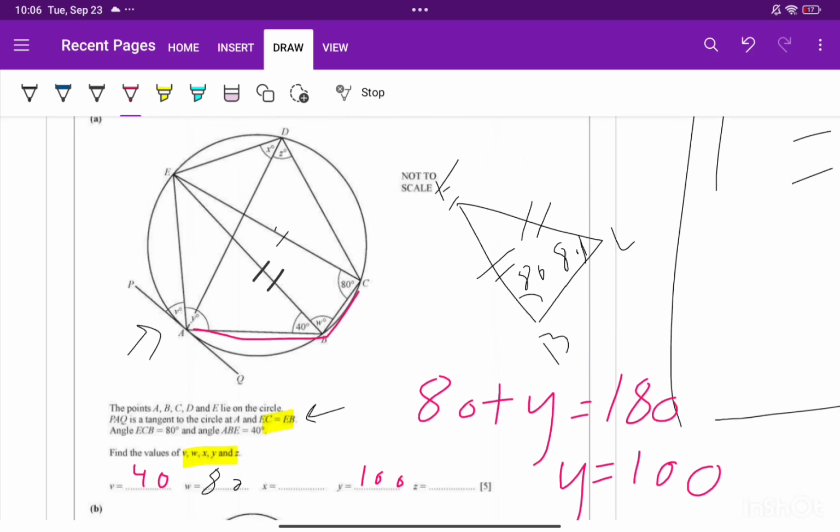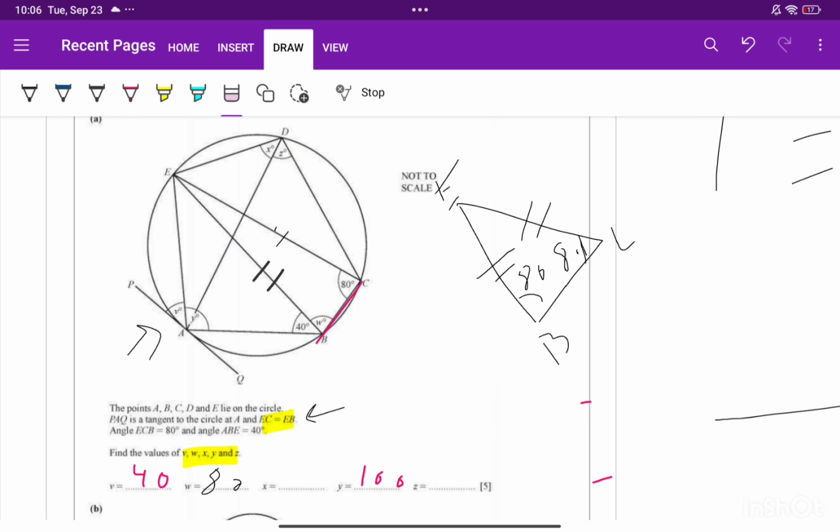Now, to find angle z, we know that again it's becoming a quadrilateral, A D C B. As I explained to you right now, in a quadrilateral opposite angles add up to 180.